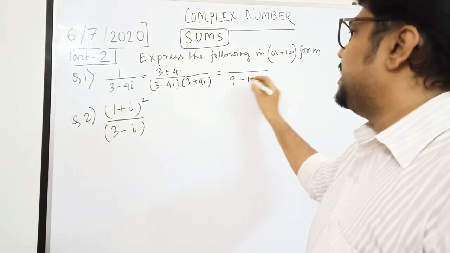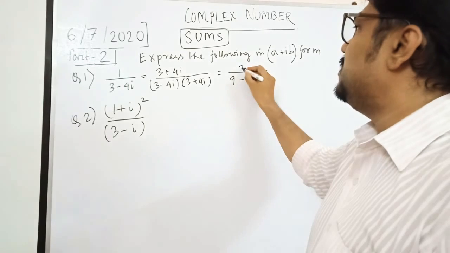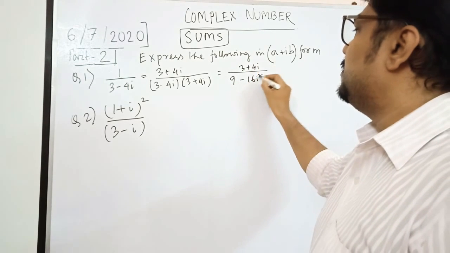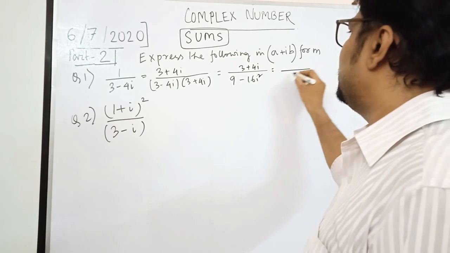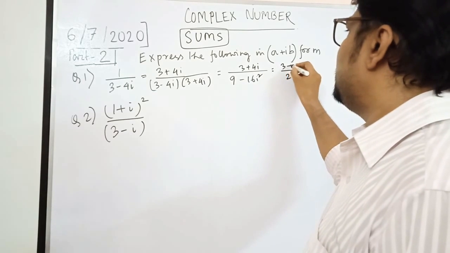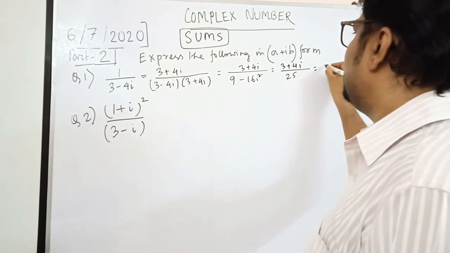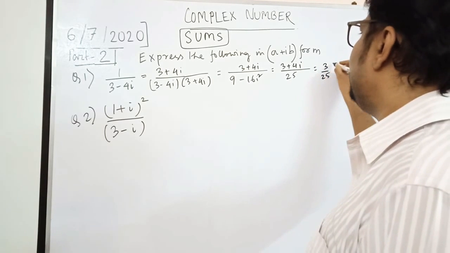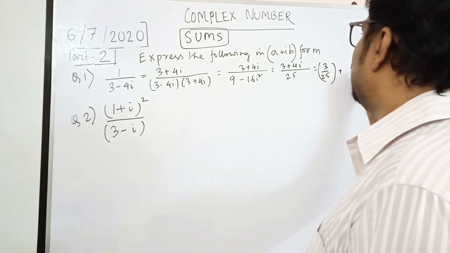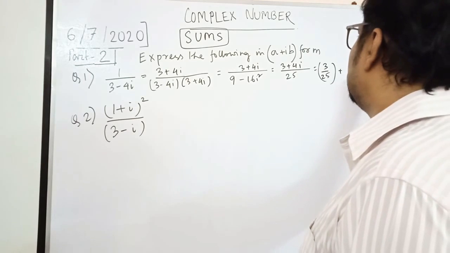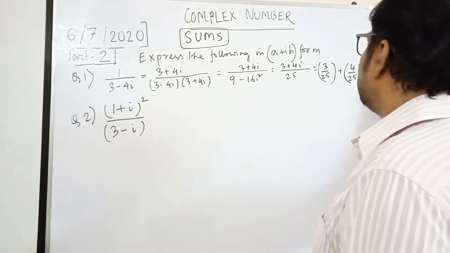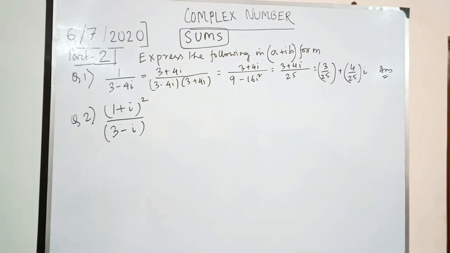So i square, you know, is minus 1, so it becomes 25. And with 3 plus 4i, ultimately you can write it as 3 by 25 plus 4 by 25 into i. So look at it, this has been expressed in the form a plus ib. So the first one is done.